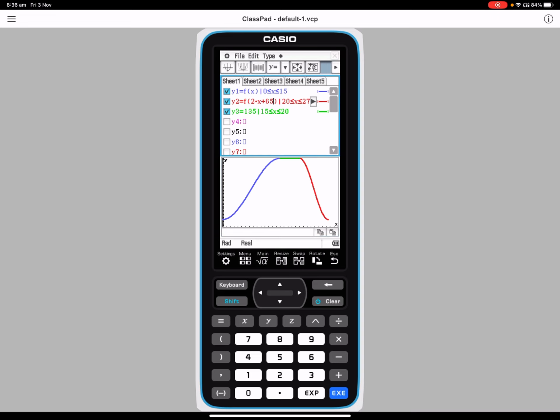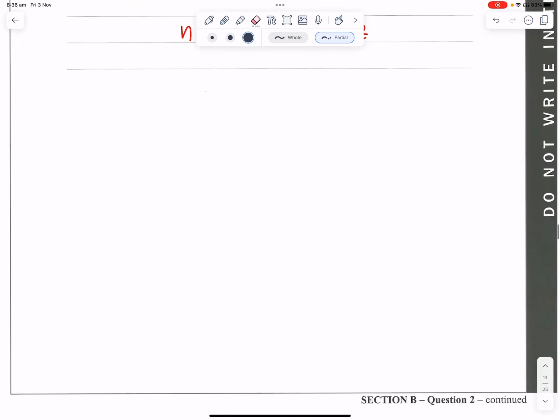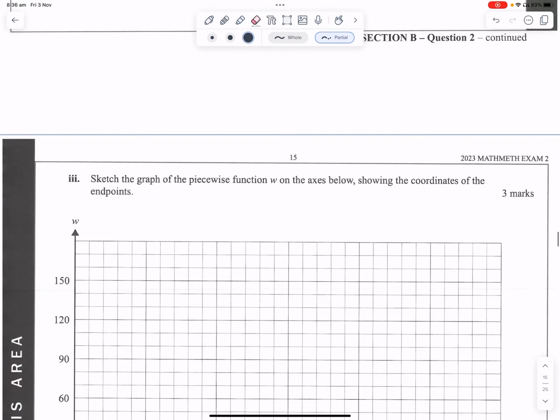If we put 65 into it, we still get the same graph. So if we translate it, we're moving it 5 across, and then we know the period's 30, so 30k is going to end up translating that graph 1 period across. So we have infinite solutions in that case.